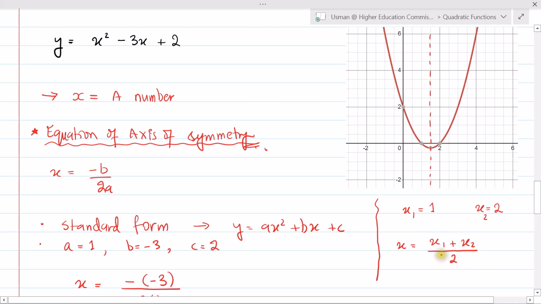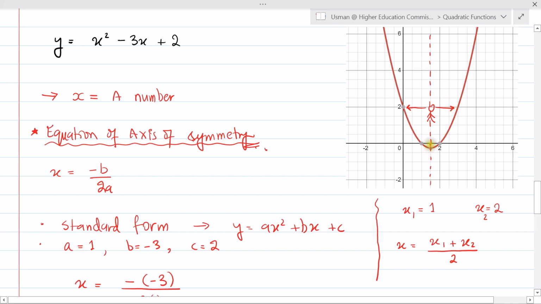Why does this method work? Because through the symmetrical property of a quadratic graph, as long as I am standing on the line of symmetry, I should see the same curve on my left and on my right, at the same distance away on the left as on the right.